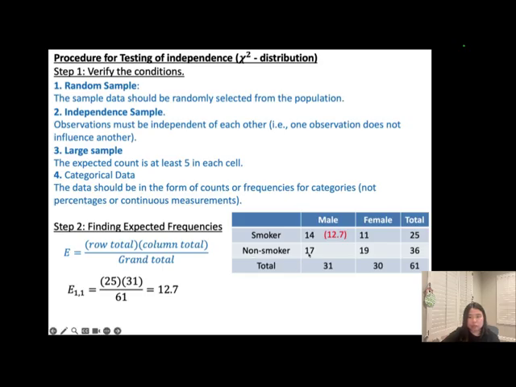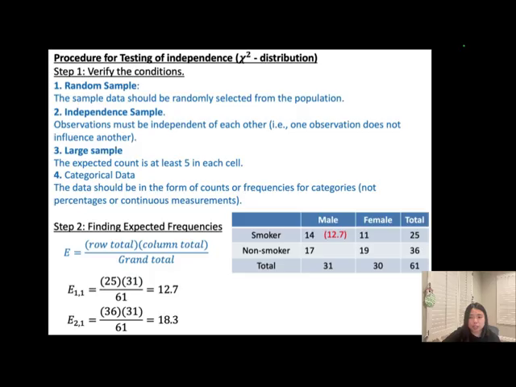Now I want to calculate the non-smoker male. Again, row total 36 times column total 31, divided by grand total 61. You get 18.3.